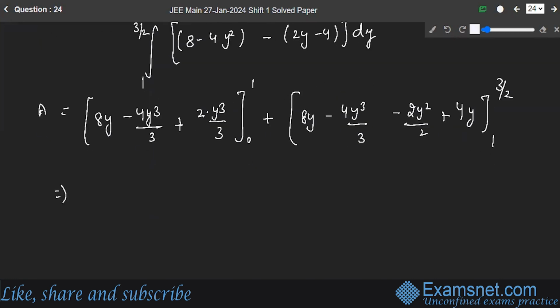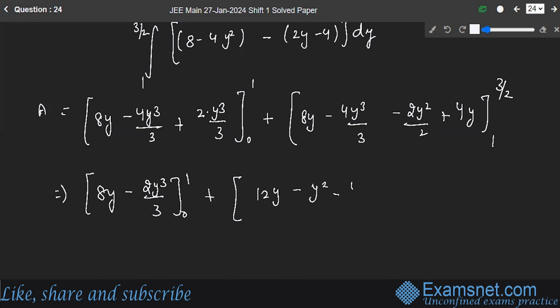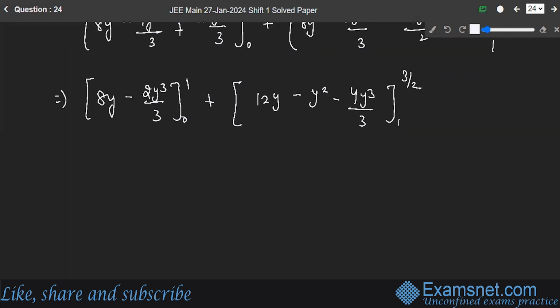All right, so let's simplify this. You have 8y minus 2y cube upon 3, limit 0 to 1, plus this is 12y minus this will be y square, and 4y cube upon 3 limits this. So this will be equal to, let's fill in the values now.